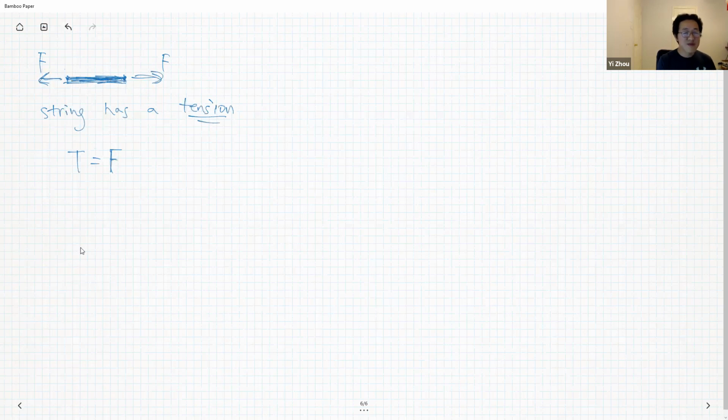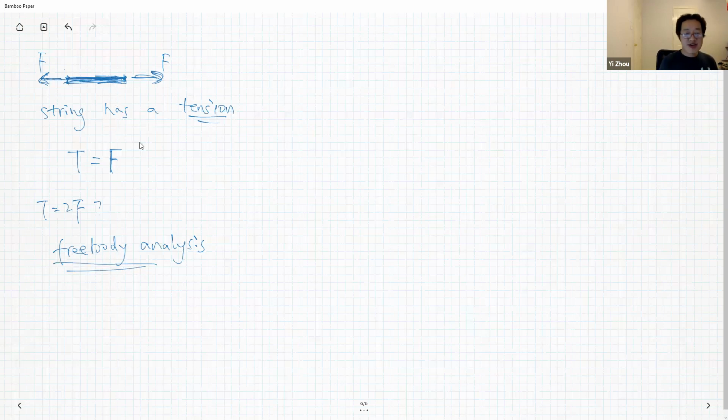So some people will ask why this is not 2F, because you have force to the left and you have force to the right. Is T equal to 2F? Let's see. This basically involves what we call free body analysis. We'll talk about this more later. So free body analysis means we find an object to study.